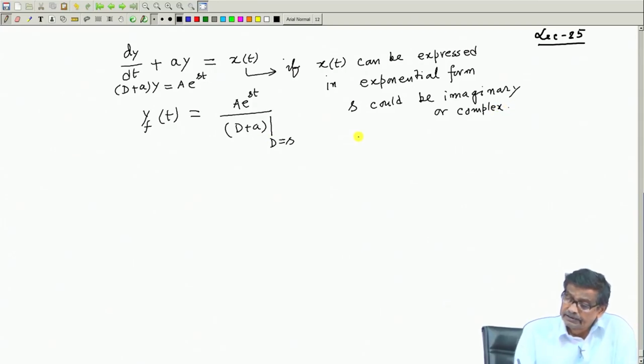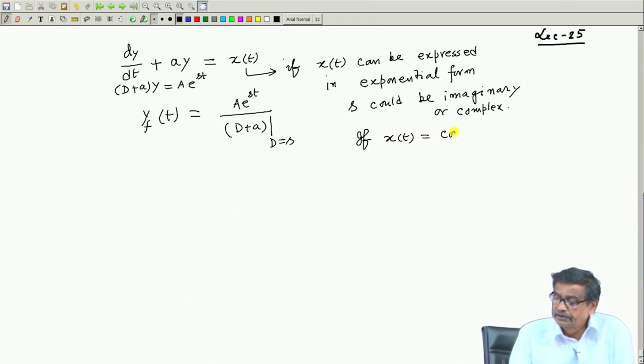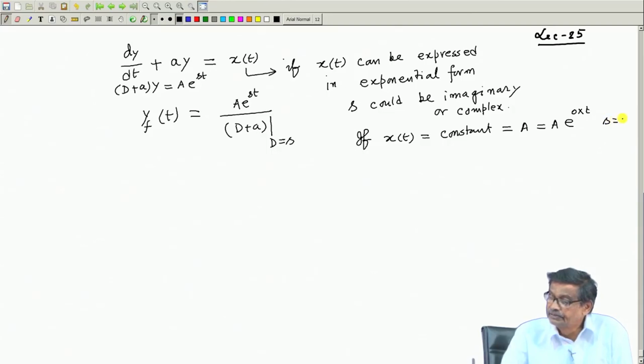As a special case, if x(t) is equal to some constant, say A, which means A into e to the power 0 into t, so s is 0, then also it is valid.